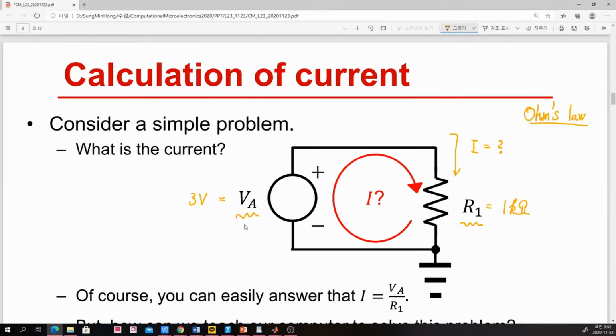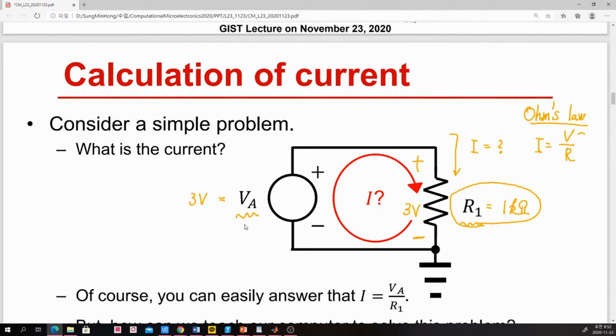You can easily identify that the voltage across this resistor is 3 volt and the resistance is 1 kilo ohm, and by applying Ohm's law you find that I is voltage divided by resistance. So you have 3 volt and 1 kilo ohm, so you will have 3 milliampere. That will be your answer.